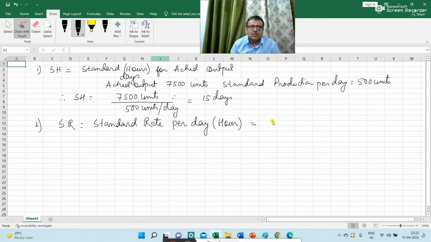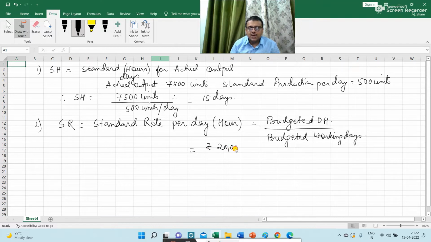So this is equal to budgeted overhead divided by budgeted working days. It is given budgeted overhead is rupees 20,000 and budgeted working days is 20 days. So this is equal to rupees 1,000 per day.